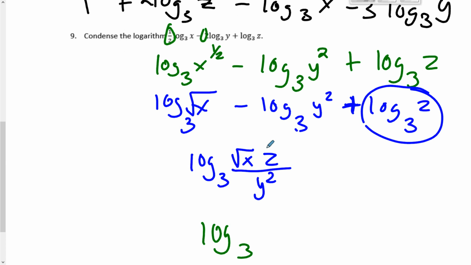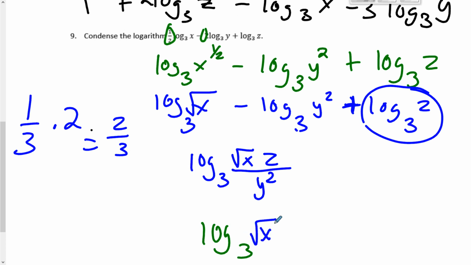And then I'll show you real quick. So if I have 1/3 times 2, isn't that 2/3, right? So if I could do this separately and say the log base 3 of the square root of x over y cubed, or squared, sorry, y squared, right? That's what it looks like when I just do the first two.